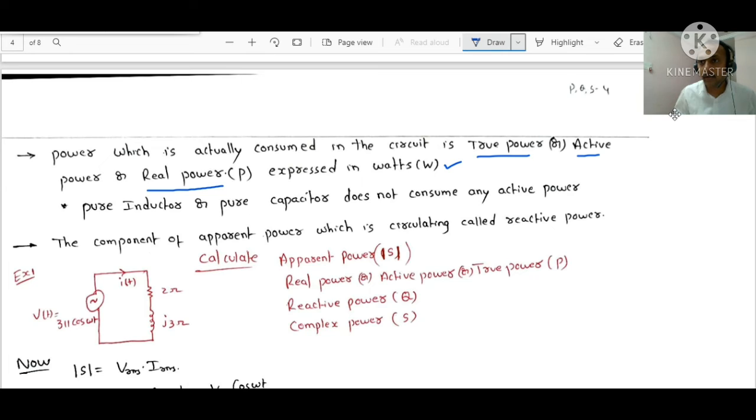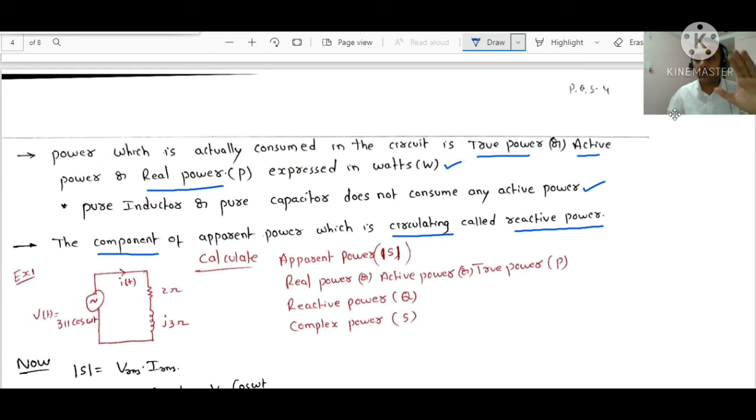Then which element consumes the active power? Resistor. So if the inductor or capacitor is pure, they won't consume any power. Now, out of the apparent power, some component of the power will be circulating. That circulating power is nothing but the reactive power.